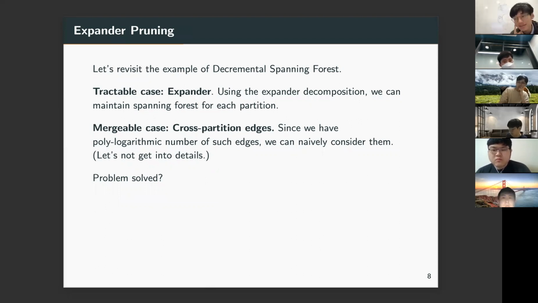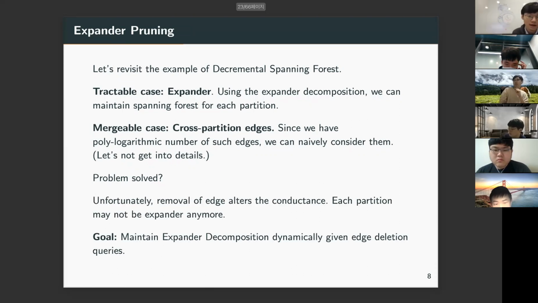If there is a cross-partition edge, we don't have a lot of them, they are only polylogarithmic, so we can just naively consider them, but let's not get into the details. Unfortunately, the removal of an edge changes the graph, so it changes the conductance and it breaks the expander decomposition.